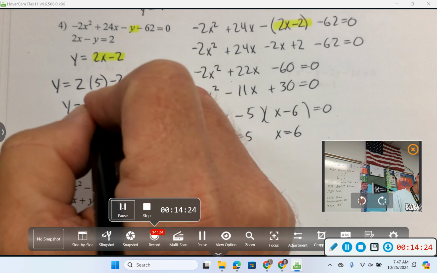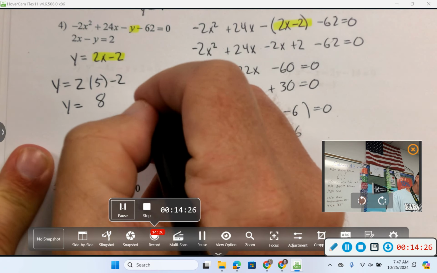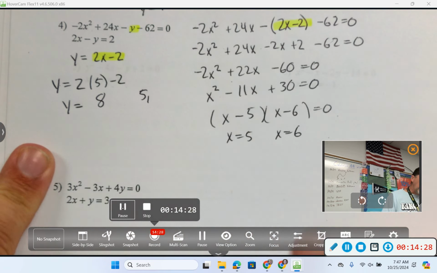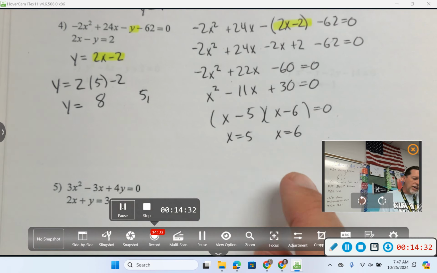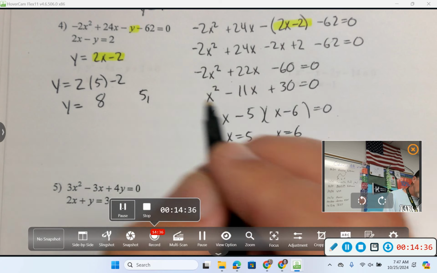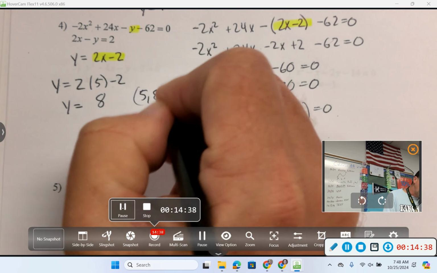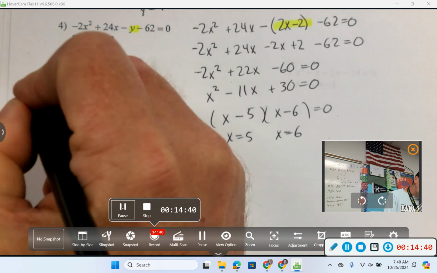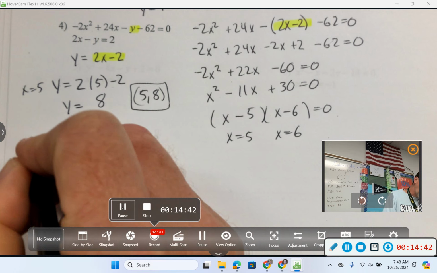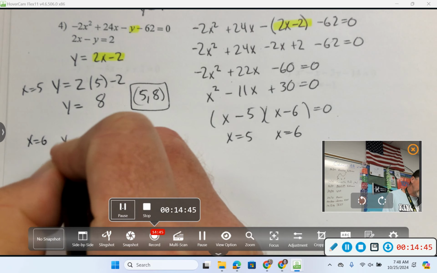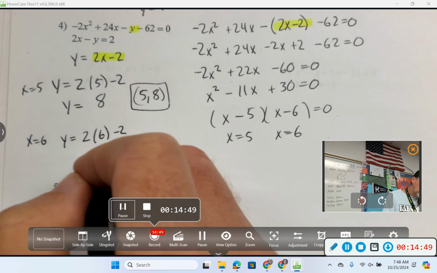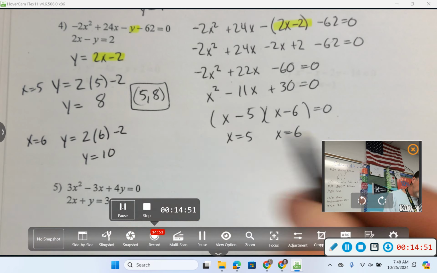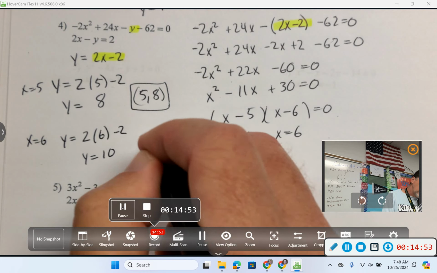So 10 minus 2 is 8. So one of my points, and this is another good reason to write your points. If you just have x's and y's on the page, it's not clear who goes with who. So 5 comma 8 is one of my answers, if I used x equals 5. If I use x equals 6, 2 times 6 minus 2 would be 10. So 6 comma 10.